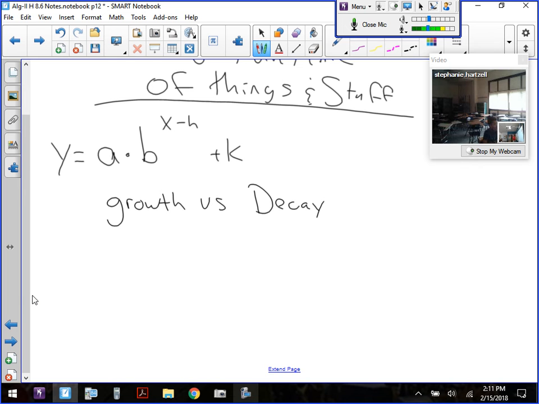Remember, the only difference between growth and decay was that B was greater than 1, or B was less than 1 but greater than 0. That was the only difference. Exponential growth and decay had horizontal asymptotes, whereas when we did logs, they had vertical asymptotes.